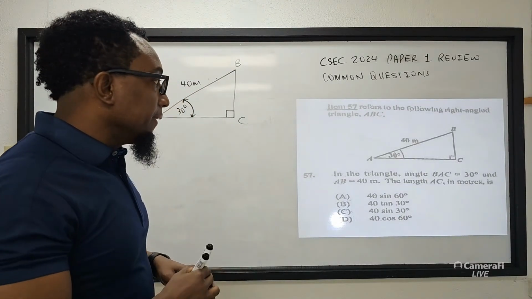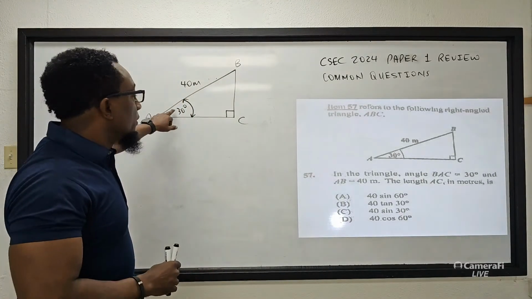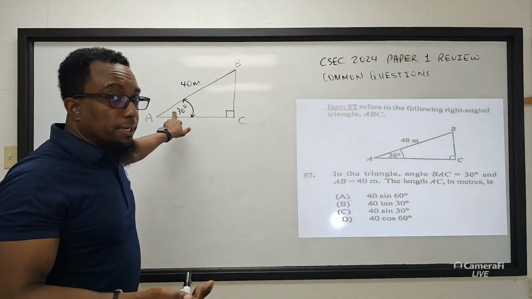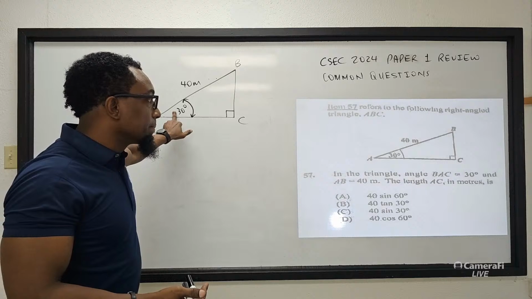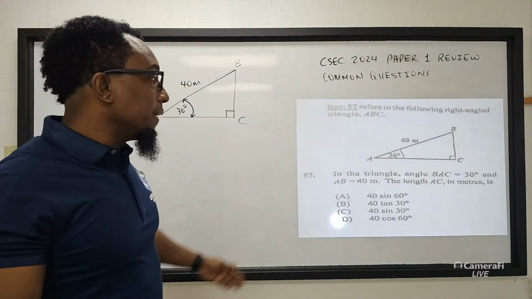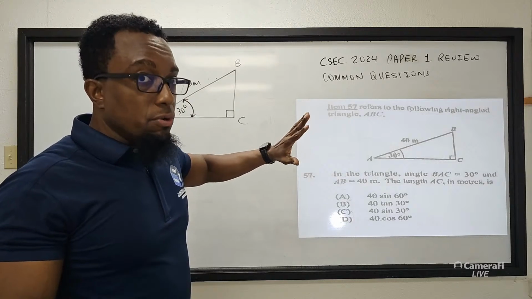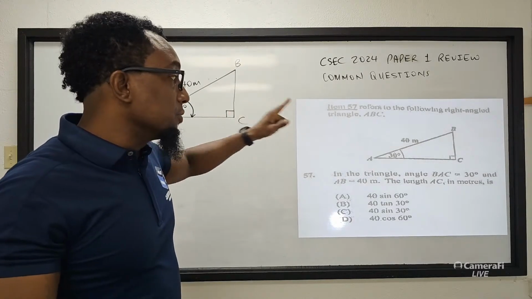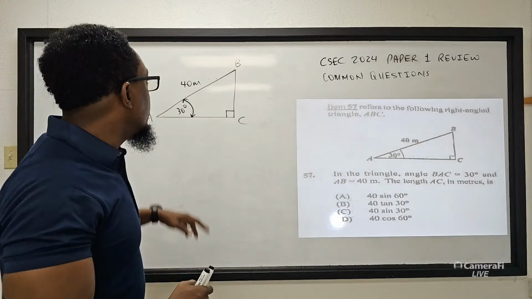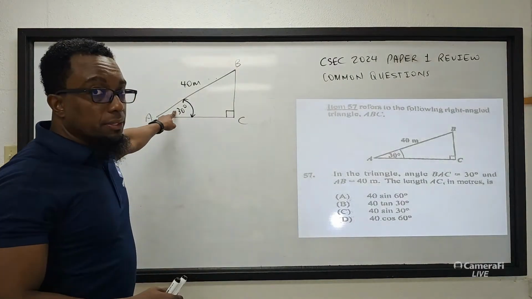We have to be very careful here because students may use this acute angle along with their trig ratios to help them to find the length of AC. If you do that, which is not wrong if you do that to find AC, but it is not in any of the options. So to help you to determine what is the length of AC, we cannot use this acute angle.